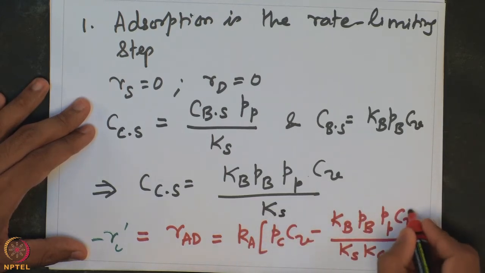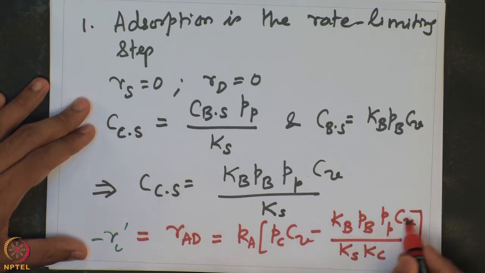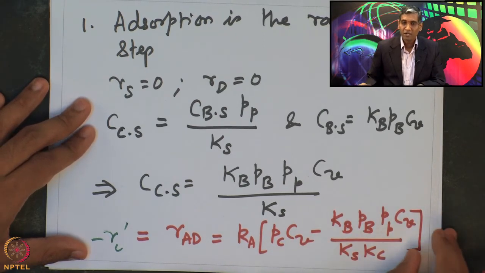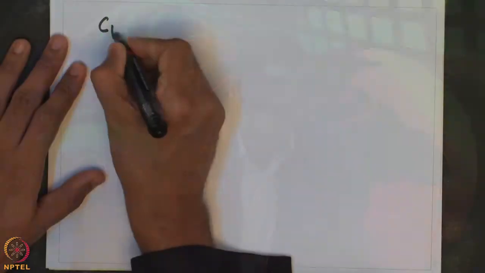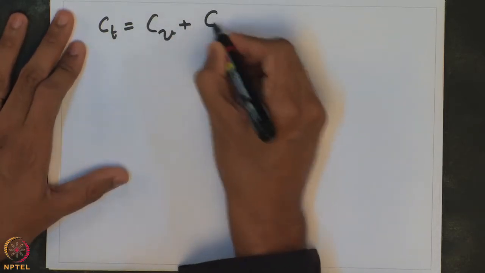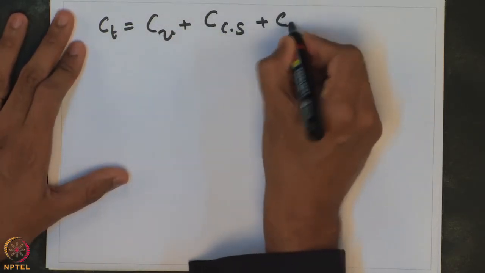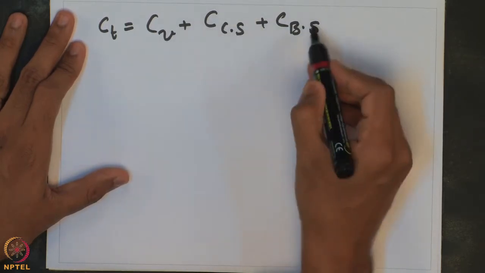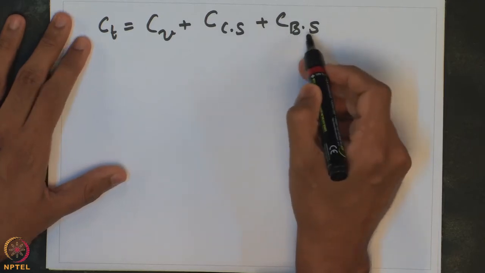and that. So the unknown quantity here, which cannot be measured, is the concentration of the vacant sites. So now we are going to use the conservation rule to eliminate the concentration of the vacant sites. So Ct, the total concentration of the sites, is equal to Cv plus CCS plus CBS, which is the concentration of the sites occupied by cumene and the concentration of sites occupied by benzene.